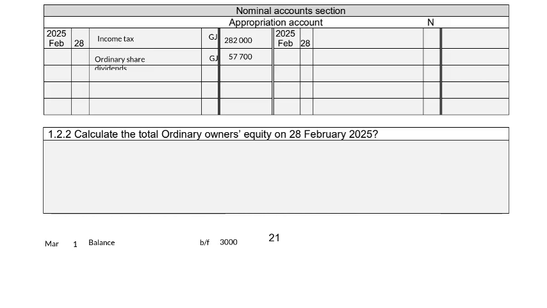And then retained income. Also the general journal. $600,300.